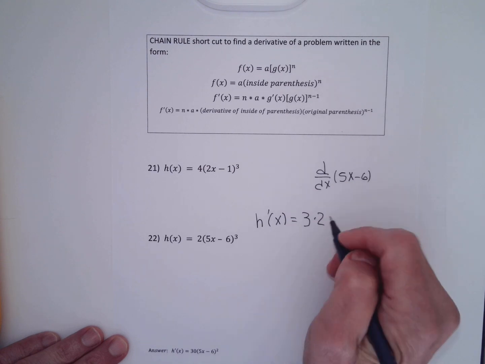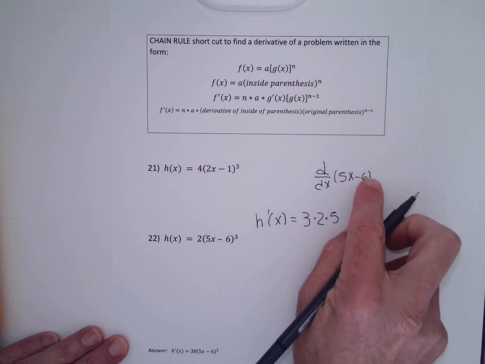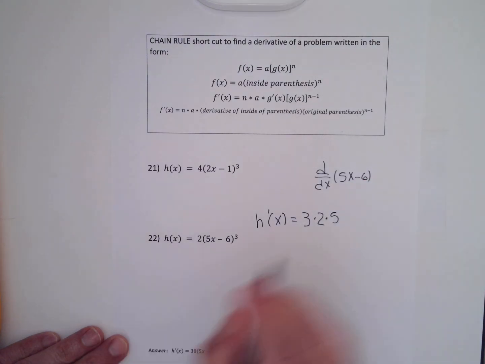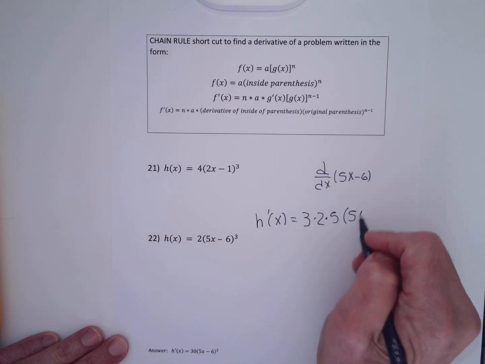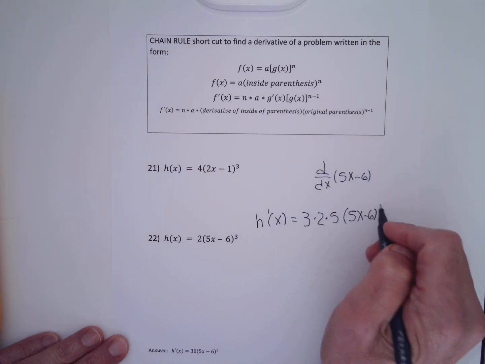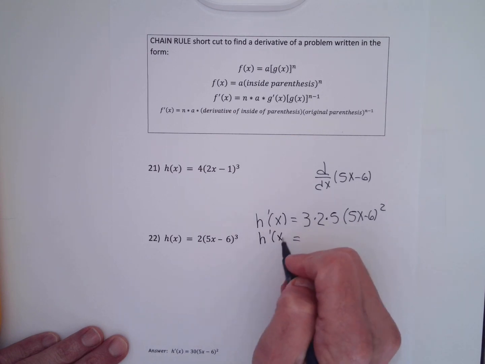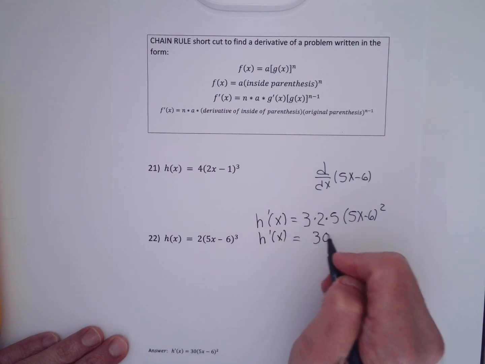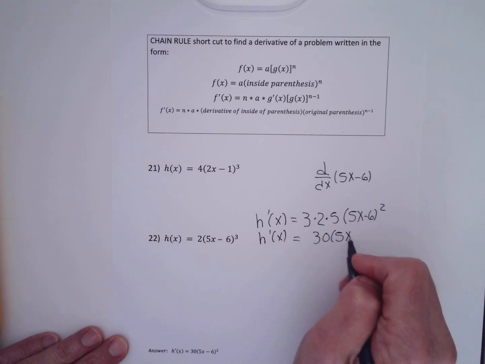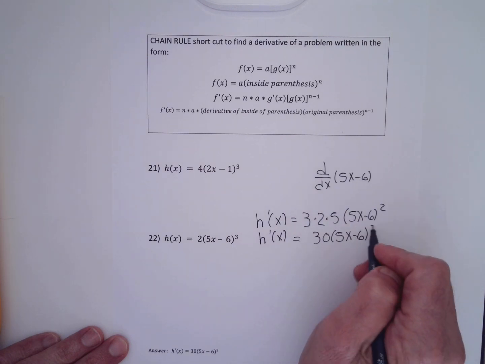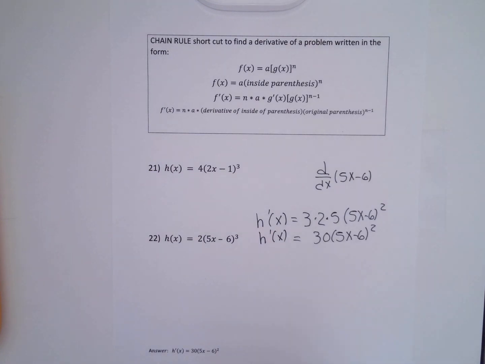The derivative of 5x is just 5. The derivative of minus 6 is 0. And then take the parentheses and lower the exponent by 1. If I multiply those numbers together, the derivative is 30 times 5x minus 6 squared. You can't multiply 30 through the parentheses because you'd be doing multiplication before exponents, and it's better factored anyway.